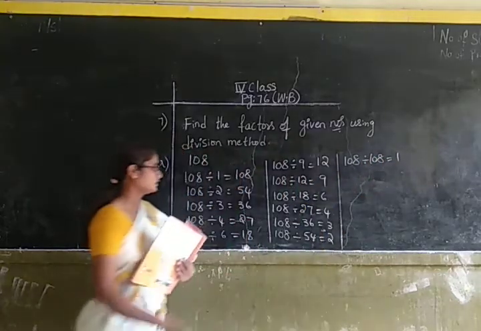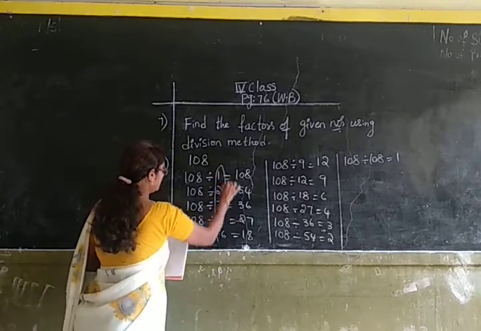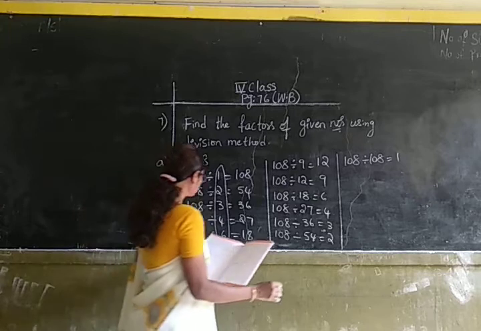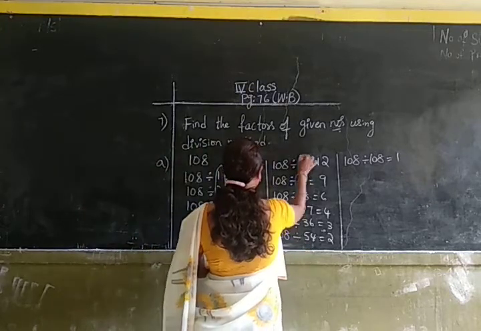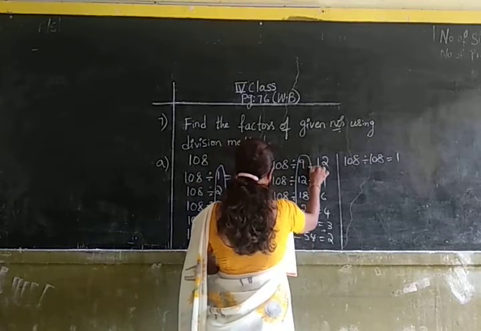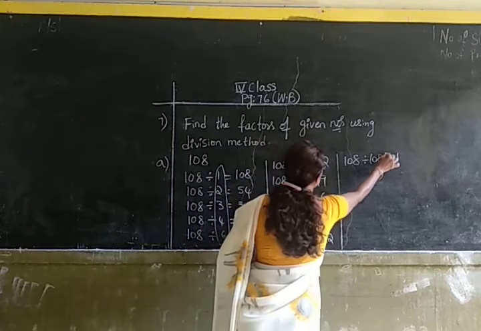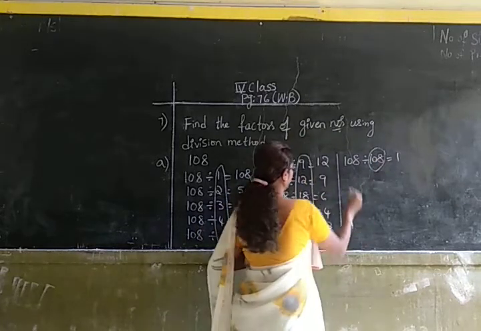Okay children. So now all the middle numbers are the factors of 108.